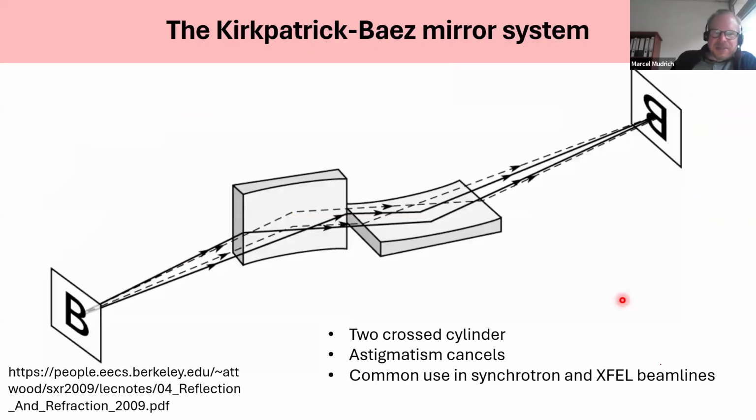A very flexible and nice way of focusing in two directions is using this arrangement here, the so-called KB optics, which basically consists of two cylindrically shaped focusing mirrors, two crossed cylinders, that has the property that astigmatism just cancels.